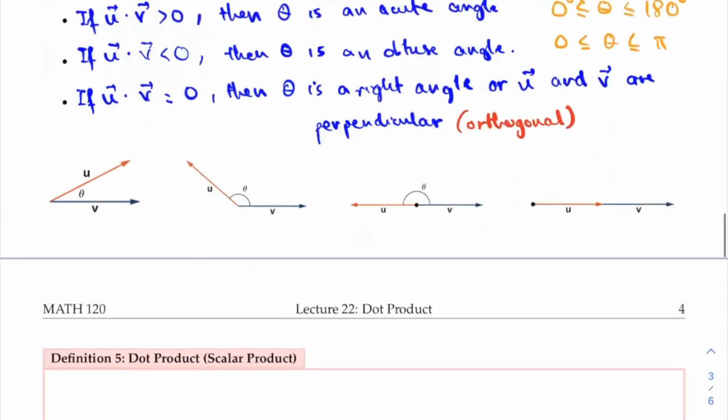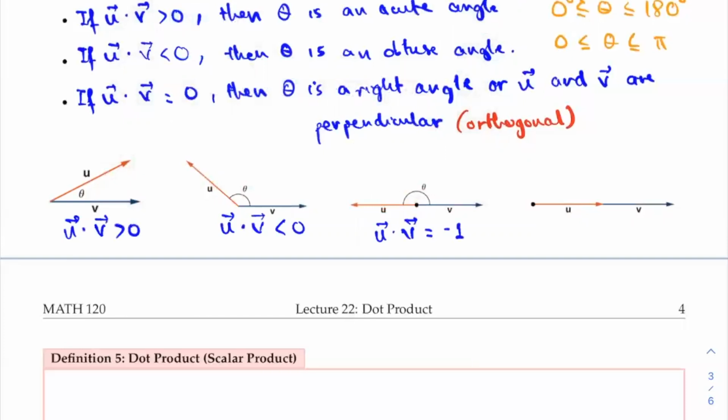In this case, you have these pictures. The first picture shows an acute angle, and the dot product is a positive number, so u dot v is greater than 0. In the second picture, this is an obtuse angle, so u dot v is less than 0. Now this is a very specific angle: u and v form a 180-degree angle, so u dot v is equal to -1.